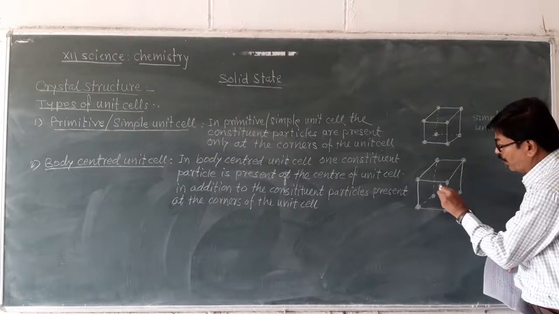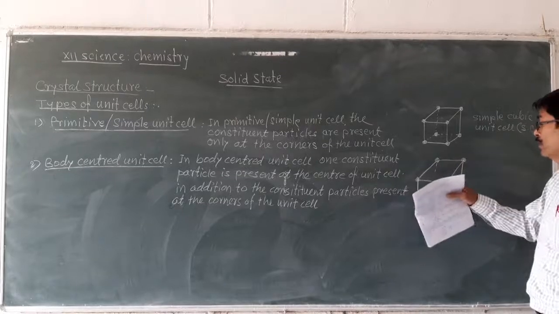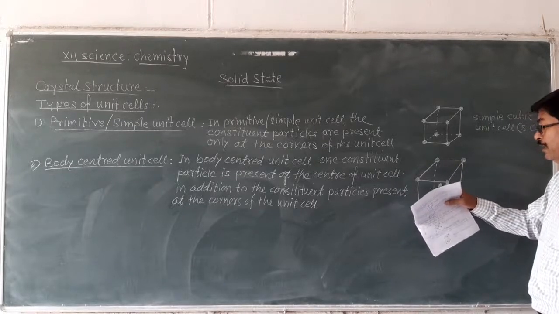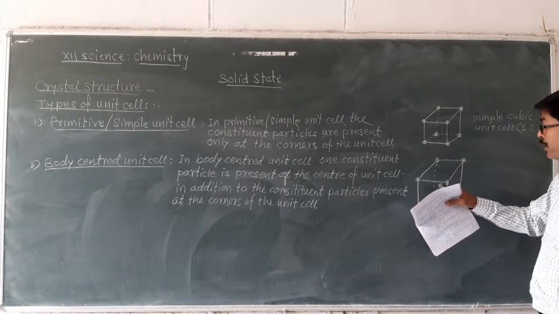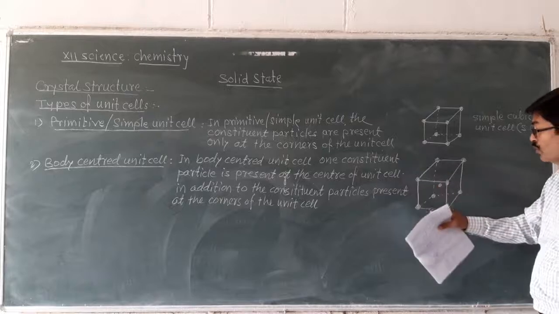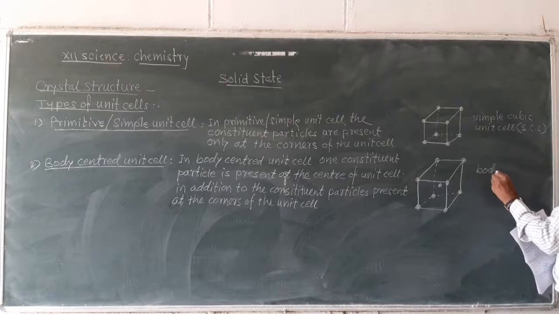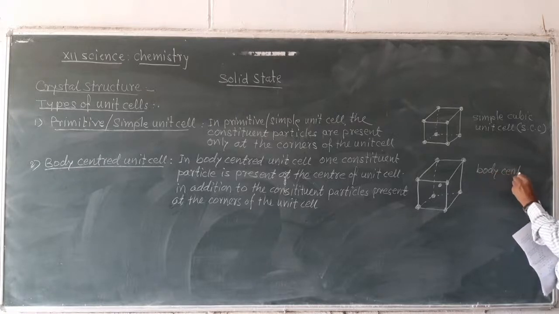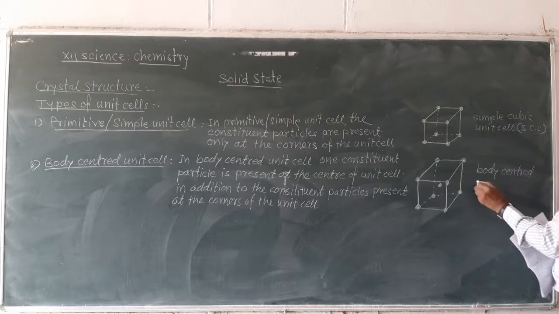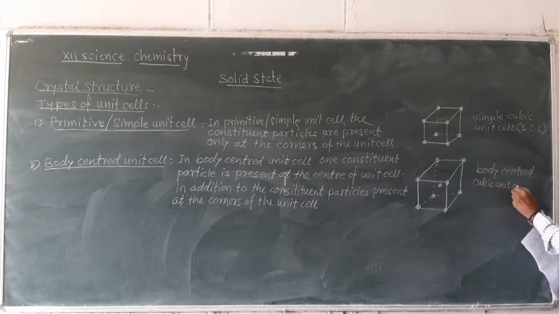If you show one more particle at equidistance from all the 8 corners of the unit cell, that means a constituent particle is present at the center in addition to constituent particles at the corners. This is called body center cubic unit cell. It is abbreviated as BCC.